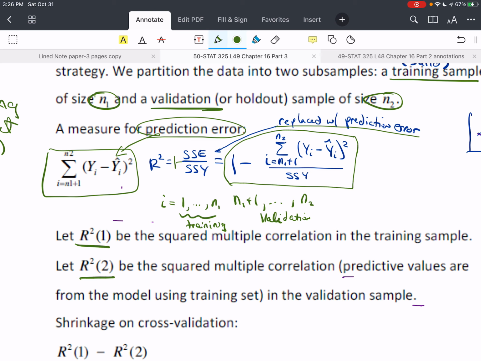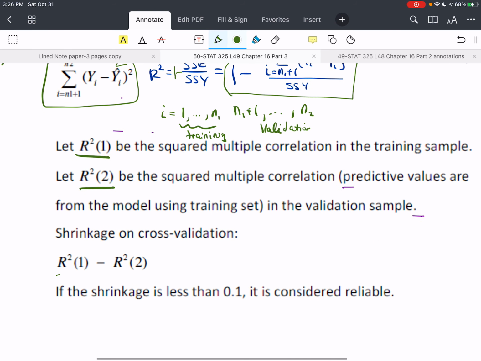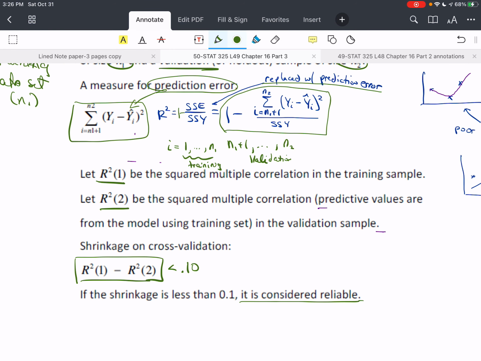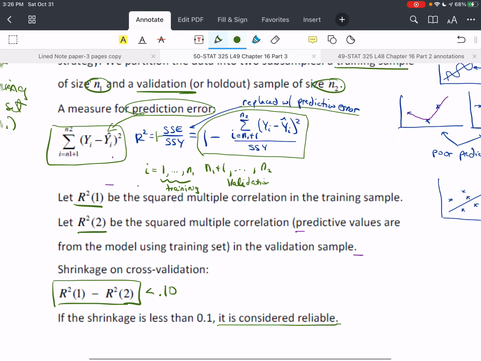We take the difference between these, and we call this the shrinkage. If the shrinkage is less than 0.1, then the model is considered reliable. And if not, it's not considered reliable.